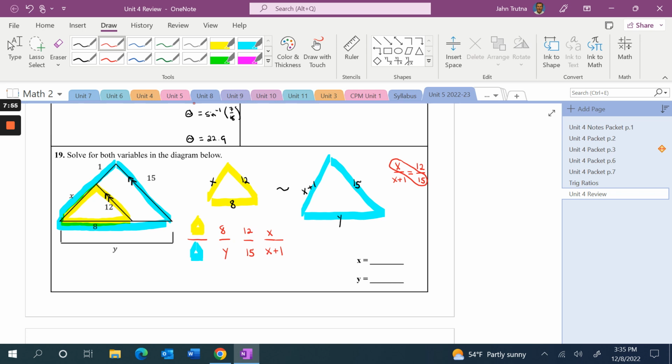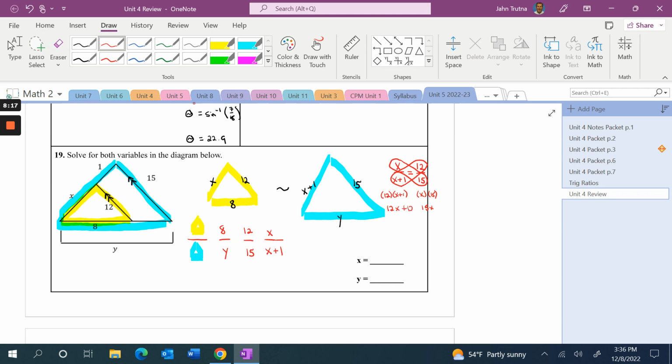So 15 multiplied with x, I'm going to multiply those two together. That is 15x. And I'm going to cross multiply the 12 with the x plus 1. So I'm going to multiply the 12 with the quantity x plus 1. I have to distribute that, so that gives me 12x plus 12.